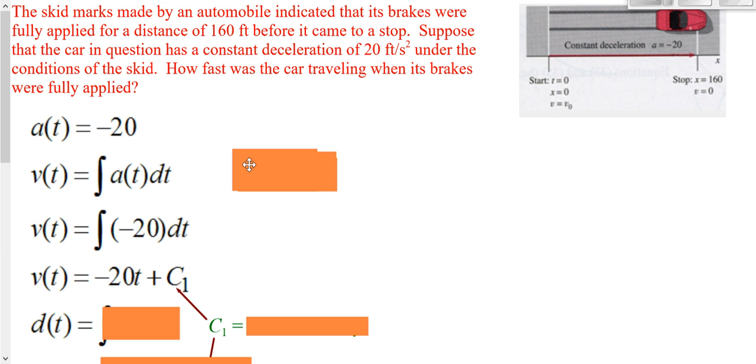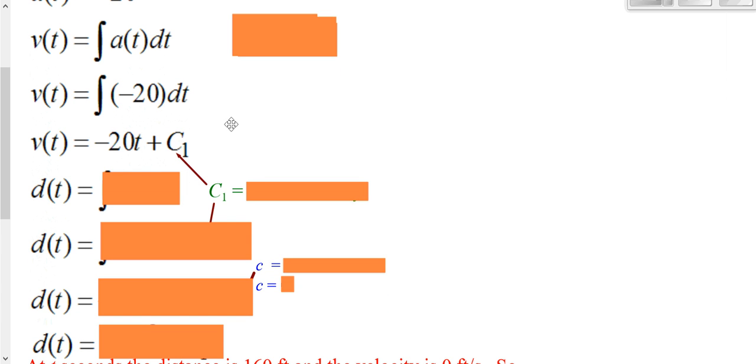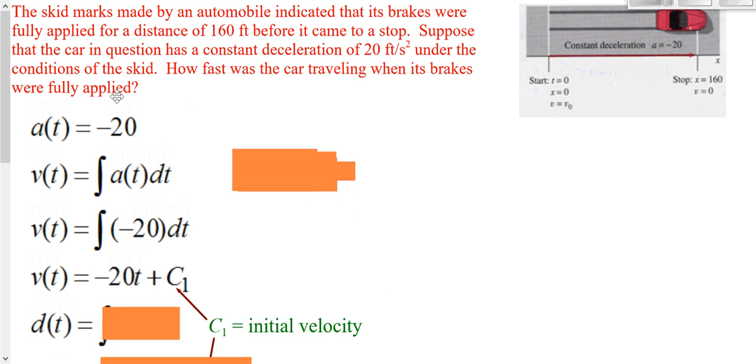In this case, I'm going to say c1, because we have to integrate again to get our distance. In the context of this problem, our c1, because it's the constant being added to your velocity, would be your initial velocity, which is what we're really looking for, because we wanted to know how fast it was going when it first started out.